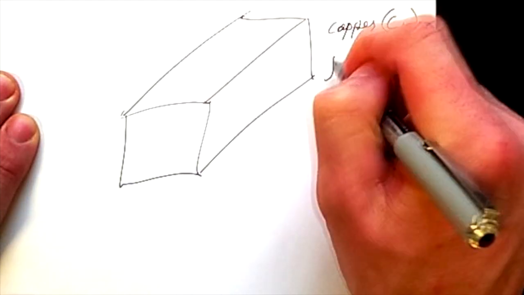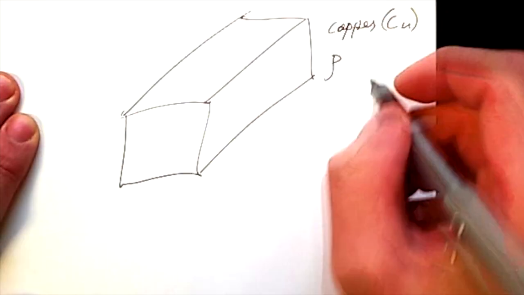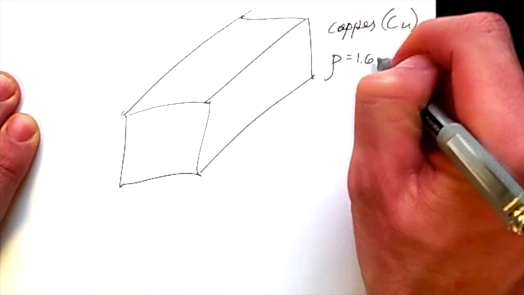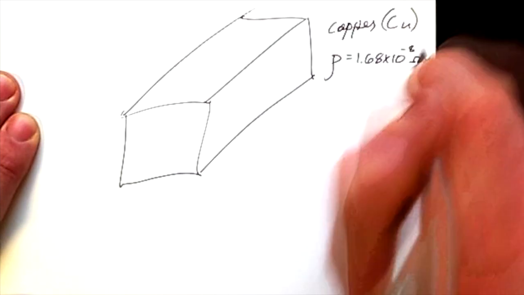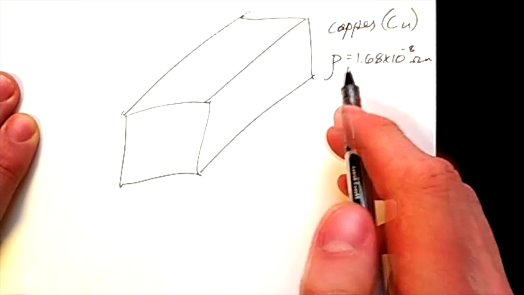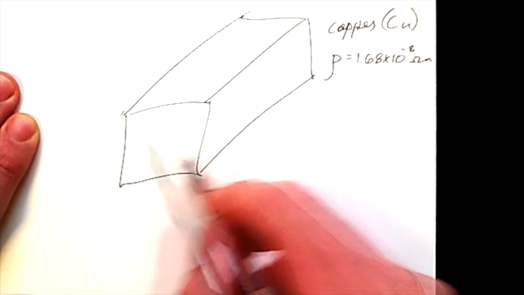Copper has a resistivity of 1.68 times 10 to the negative 8th ohm-meters. And so this describes the physical characteristics of the material itself.